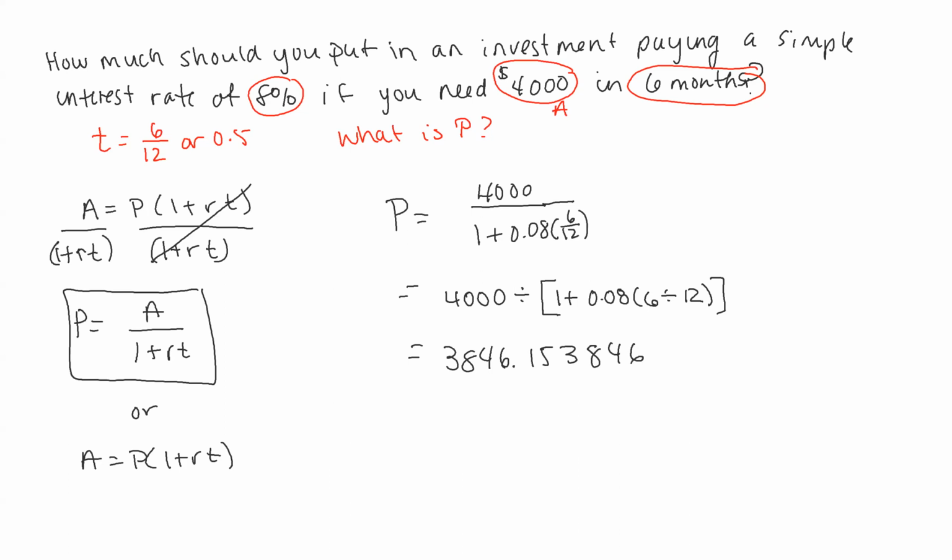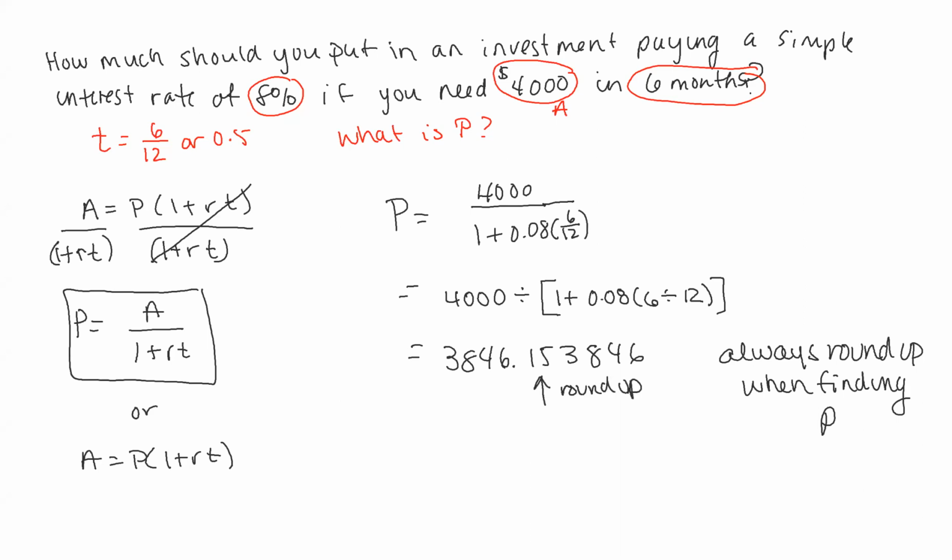Okay, so here's the deal. If you're looking for P, you always want to round up to the next cent or the next dollar. So in this case, it doesn't specify, so we're going to round to the nearest cent. But in this case, we always round up when finding P. The reason is if we round down, we won't quite meet our goal.